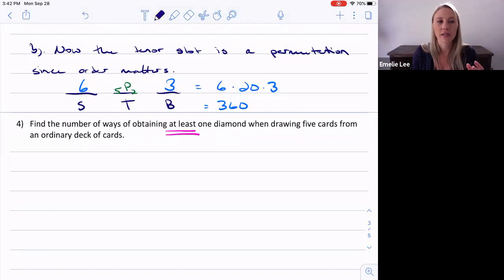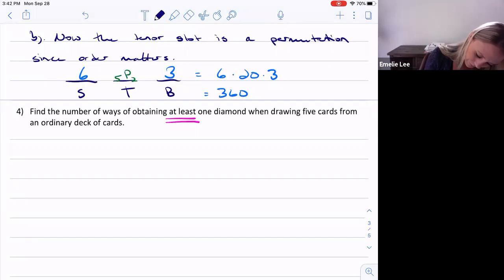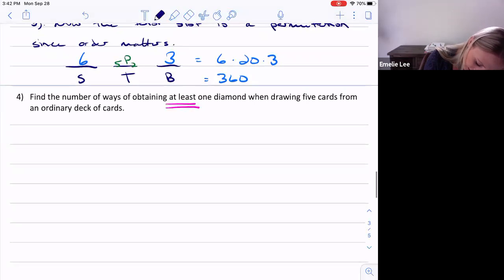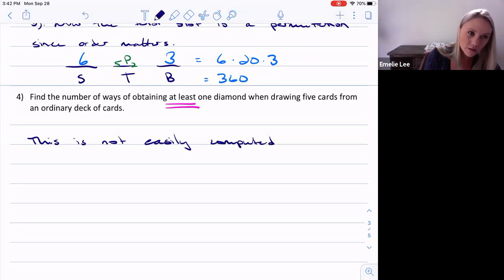Or you can find out all the total 5 card hands, subtract the ones that don't have any diamonds, and then basically the complement, right? The opposite. So this is not easily computed, right?